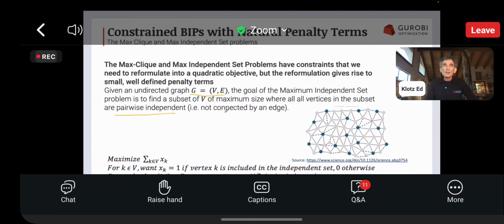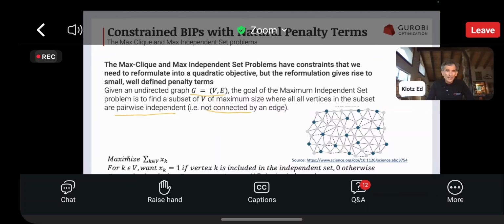In other words, not connected by an edge. So in this picture here, the nodes are the blue and gray circles. And then you see the edges. And in this case, the dark blue colored nodes form an independent set, because if you take any pair of these blue nodes, there's no edge connecting them directly. None of them share an edge.